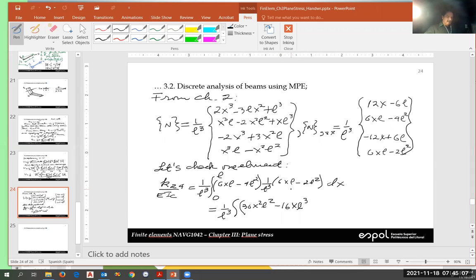So that's minus 36 x. And finally, this times that will give you plus 8L to the 4 dx. So it's L to the 6.